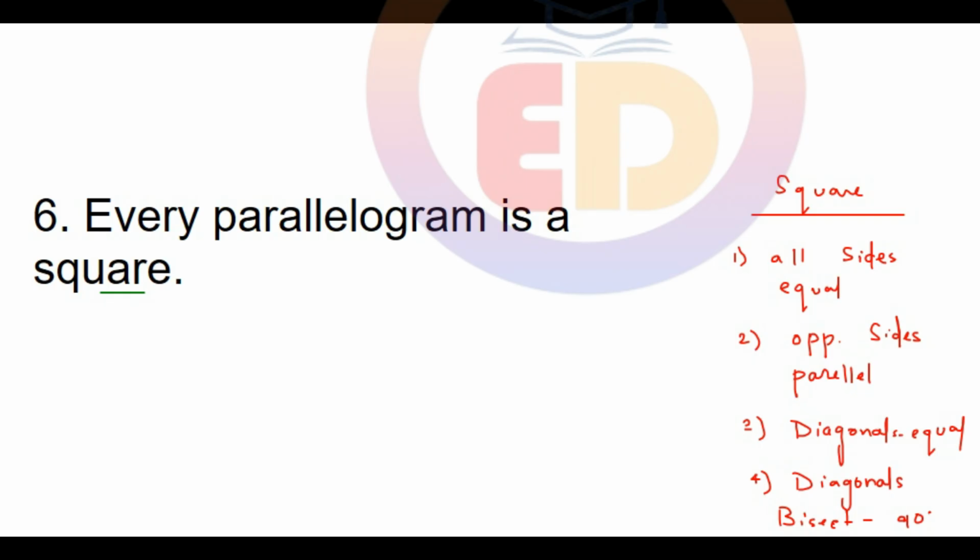Now here, if we go to the parallelogram, all sides are not equal, only opposite sides are equal. Second condition of square, opposite sides are parallel. Yes, that condition is met by parallelogram. Third, here in the parallelogram diagonals are not equal.